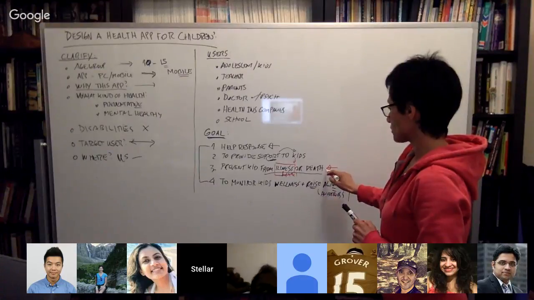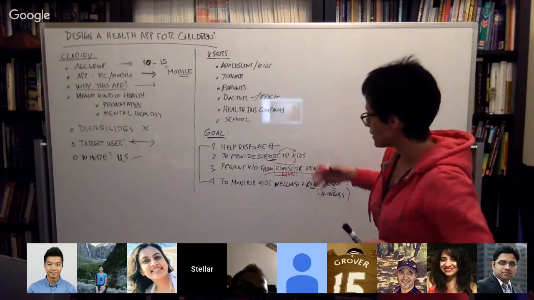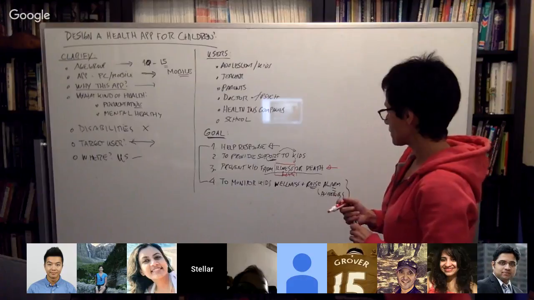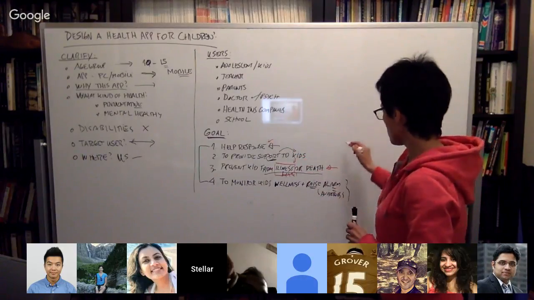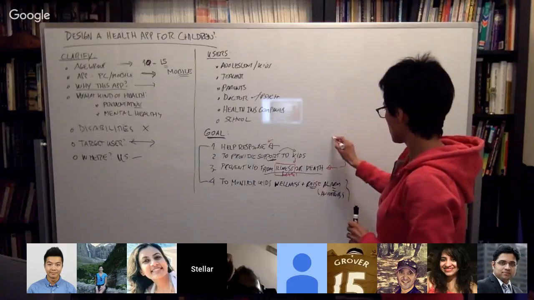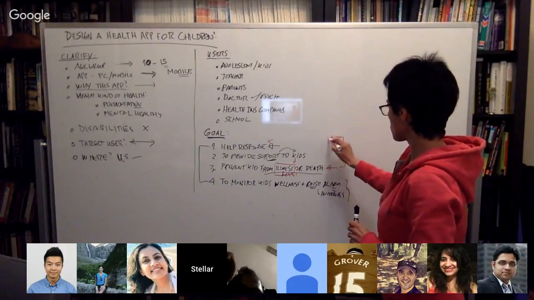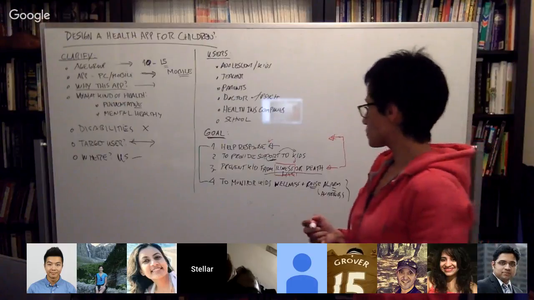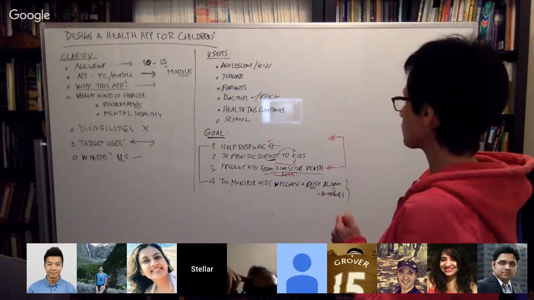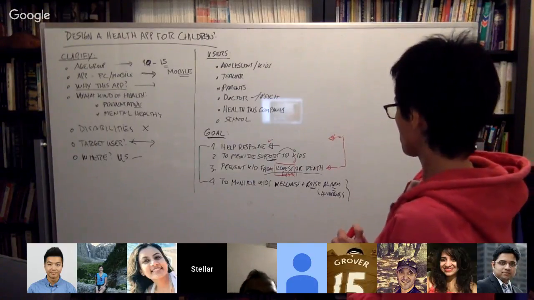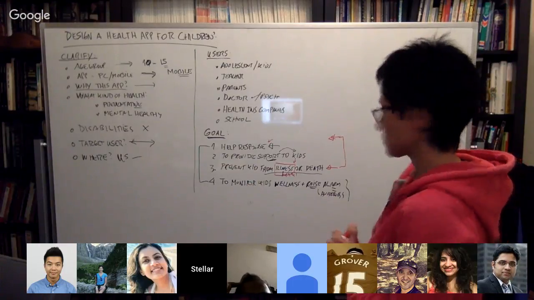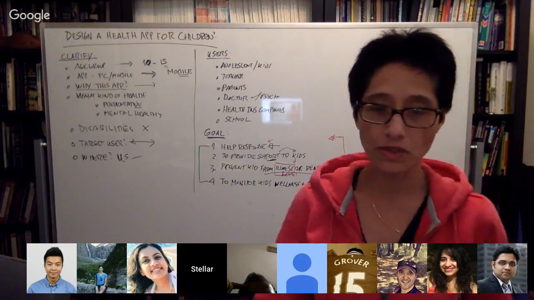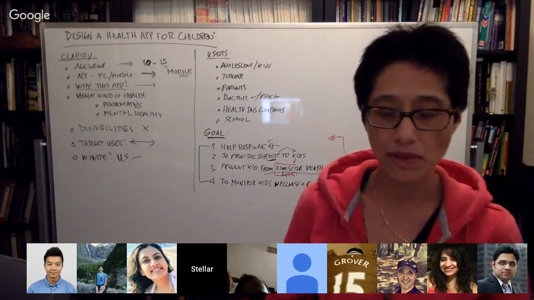Health response, that is more narrow, right? So between these two, which one should we choose to say, okay, this is the goal of the app? I like health response too, so whichever you think is going to help design this app better.